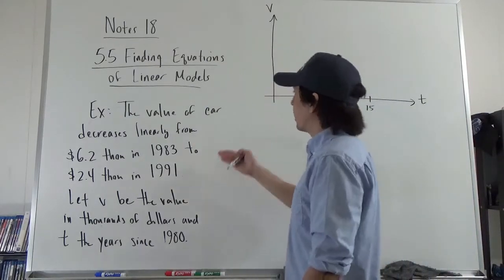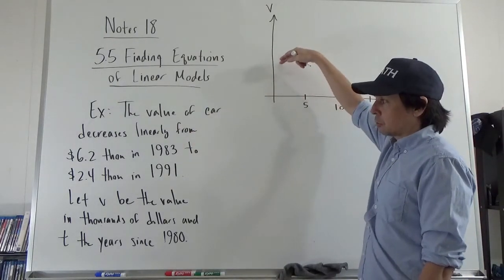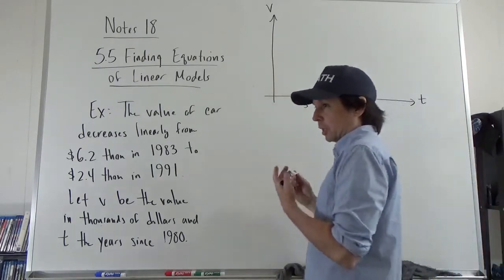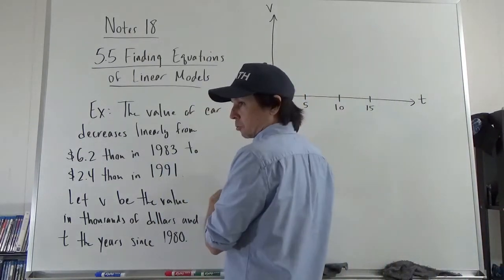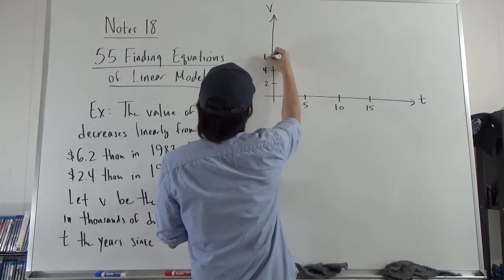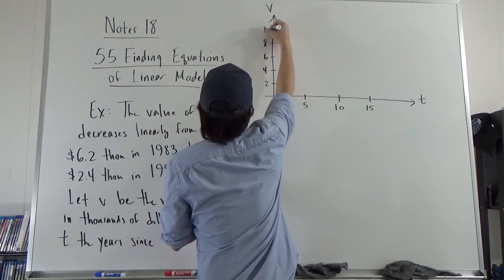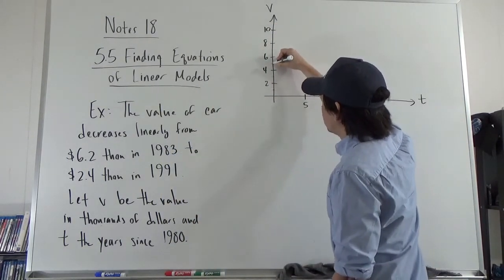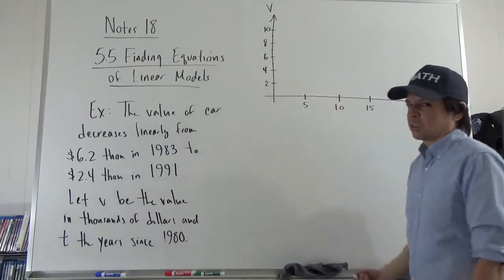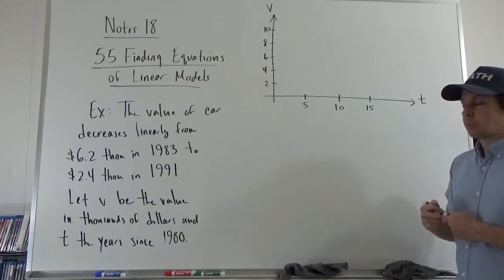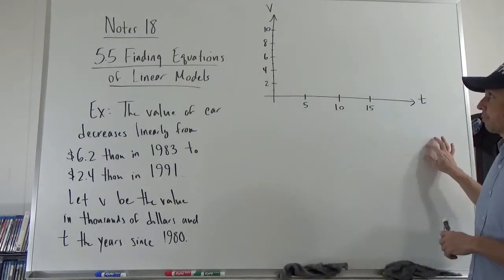Values are in thousands of dollars, so rather than putting like 2,000 or 3,000, I'm just going to put 2 and 3, and they represent thousands of dollars. Again, we did this in homework 12. I'm going to go by 2s: 2, 4, 6, 8, 10. In some of the graphs I had in that homework, I put little tick marks in between, even though they weren't labeled, just to get a better idea of where 1 and 5 are, halfway marks between them. Okay.